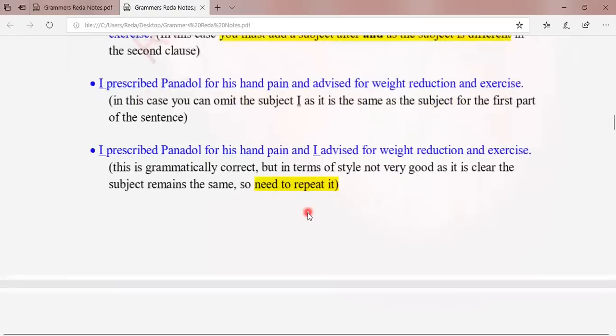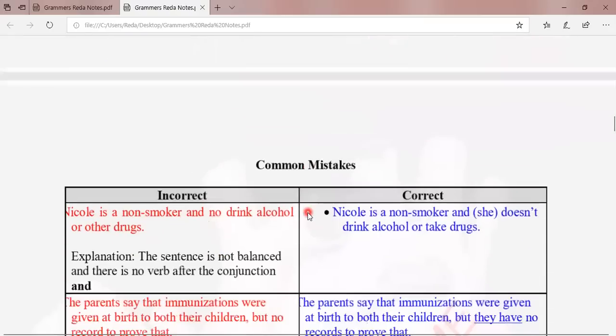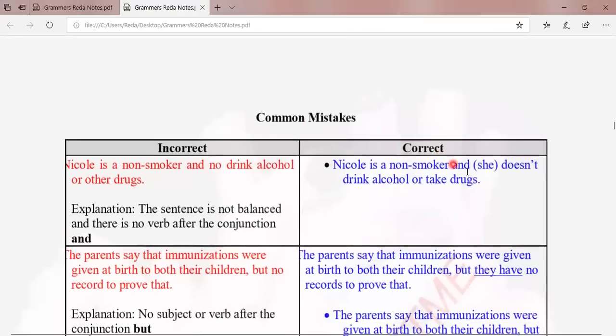Like that, you have to know: he is a non-smoker and she does not drink alcohol or take drugs. Very nice. Nicole is a non-smoker. A non-smoker, so this is a correct one. And no drinks. No, she does not again, but try here does and not alone.